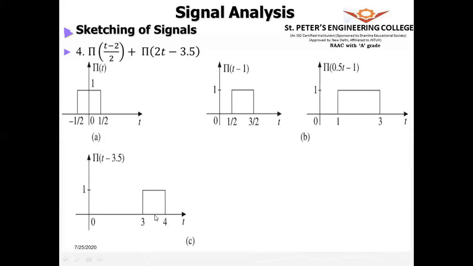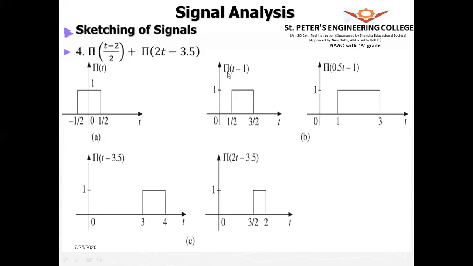So this is the 3.5. So that 0 position has come to 3.5. It is delayed. Now we have to perform the scaling operation of 2, and you know that 2 is greater than 1. So the signal will get compressed. So after performing the scaling operation, the signal will be this. So this is the result.